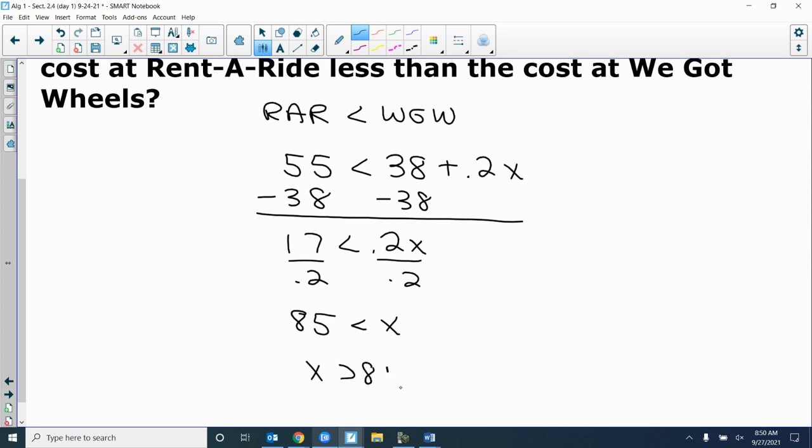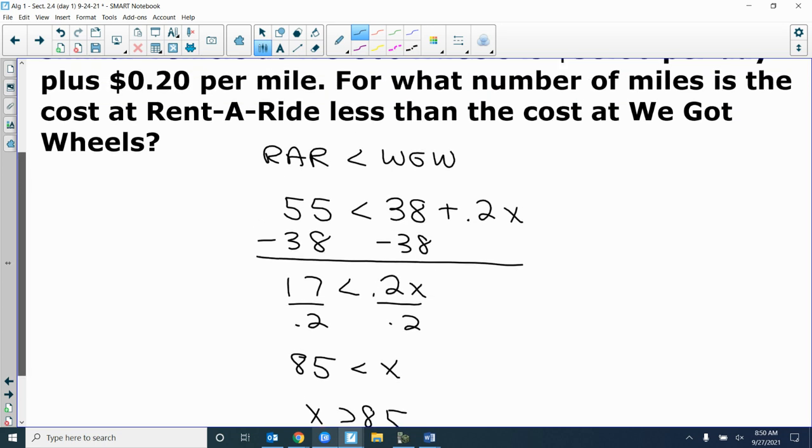All right, don't say anything yet. A lot of people get this, but then when I ask what's the answer, they give me some crazy wordings that really don't make sense. Read the question: for how many miles will it be less at Rent a Ride?